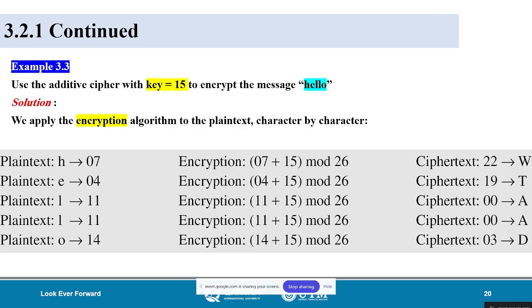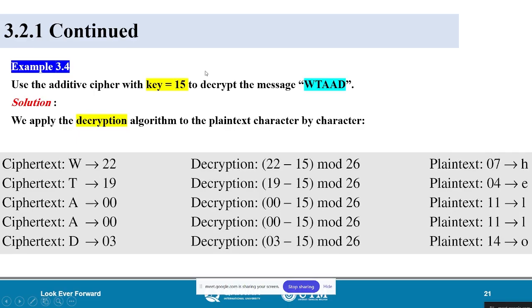Now, encryption for the E would be 4 plus 15 mod 26, which is 19. 11 plus 15 would be 0, 0, and 0, 3. So if we used key 15 to encrypt the message hello, we will get WTAAD. Okay. Now, how if I wanted to decrypt it?